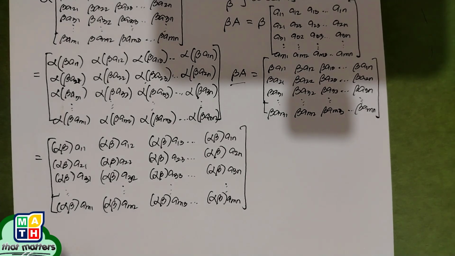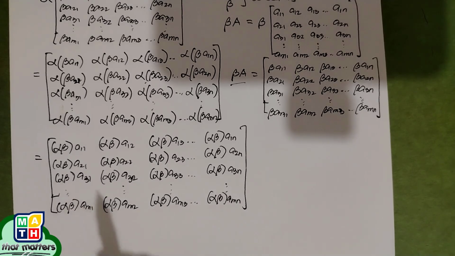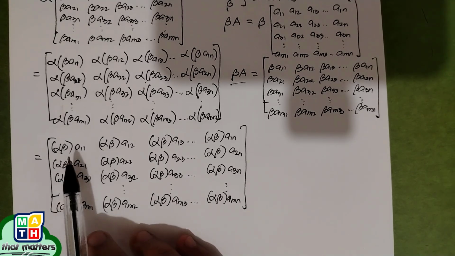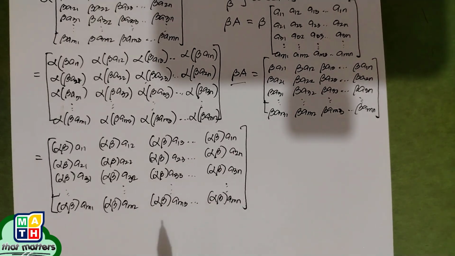Now that we are done with this, since alpha and beta are both scalars, their product is also a scalar. Now we can move that out because it's on each of our components.